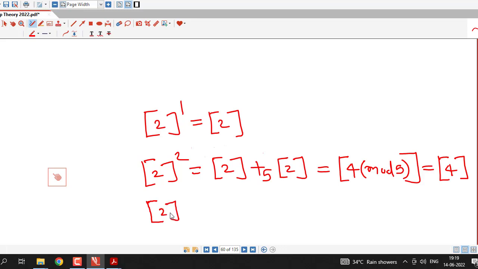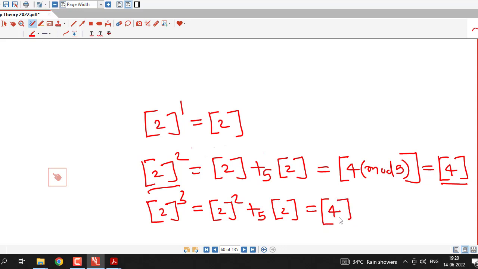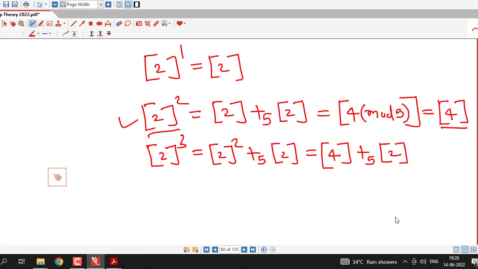Now suppose we increase the power of 2. This is the square of 2 addition modulo 5 2, and this we can replace by 4. So here we obtain 4, and we replace 2 squared by 4 plus 2. Now 4 plus 2, that is 6. So we have to decide 6 modulo 5, that is the remainder when 6 is divided by 5, which is 1.